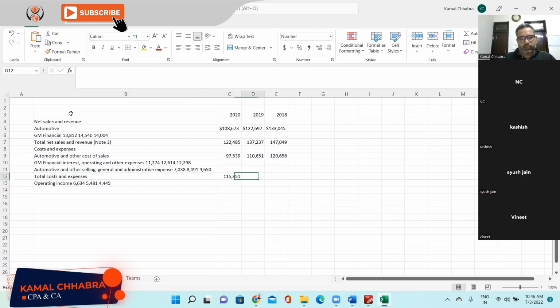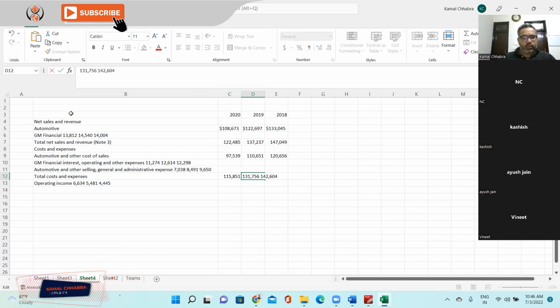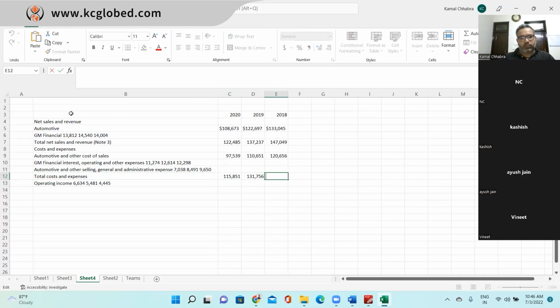So this is your total COGS at the entity level, right?